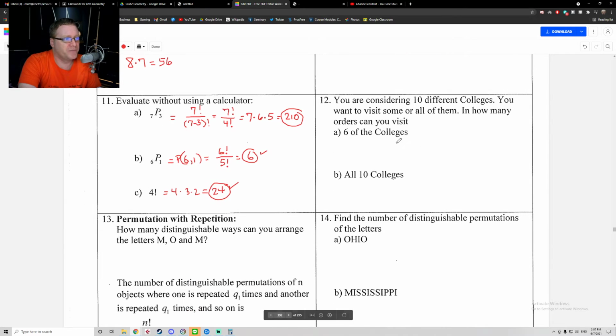Next, number 12. We are going to consider 10 different colleges, and we're going to go visit them. In how many different orders can we visit 6 of the colleges? Well, that's how many permutations of 6 of the 10 colleges.